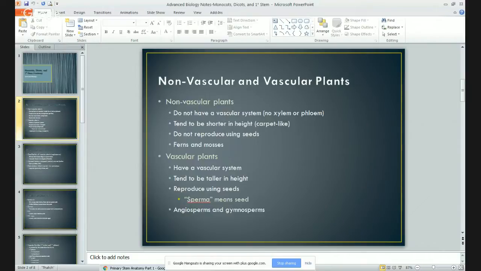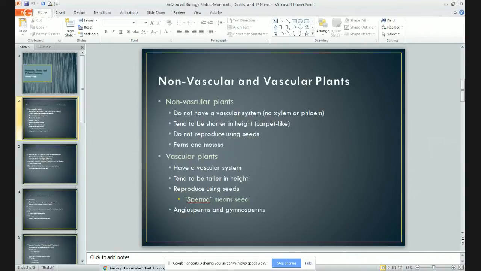So, alrighty. Your non-vascular plants, as the name implies, don't have a vascular system, so they don't have xylem or phloem. That being said, they're going to be more what I would call simple plants anatomically. So they're going to be shorter in height because they're not going to have those tissues to transport sugar, nutrients, and water.